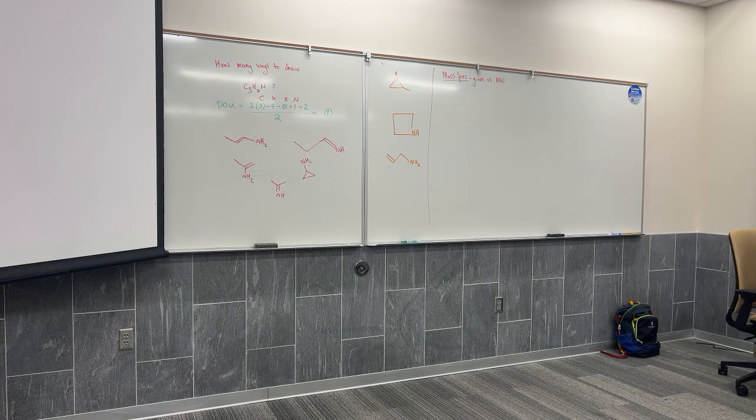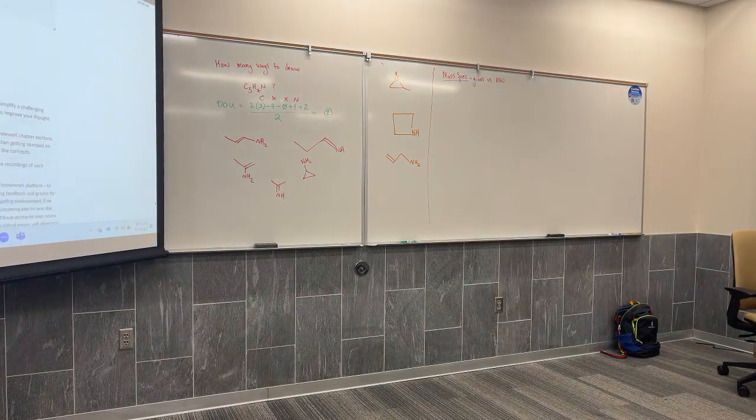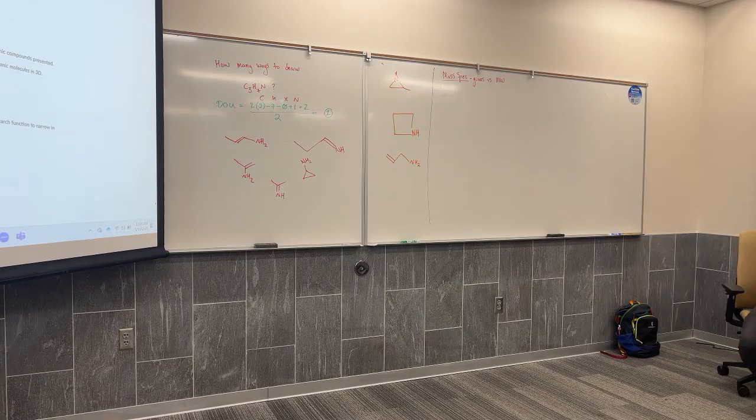Throughout this unit, I'm going to be referencing a website pretty frequently. If you scroll down on our homepage, all the way down to the Japanese spectral database, otherwise called SDBS, which I think is maybe spectral database.